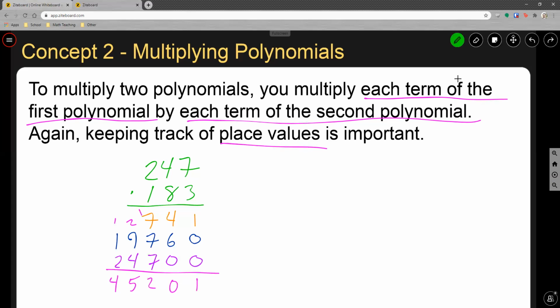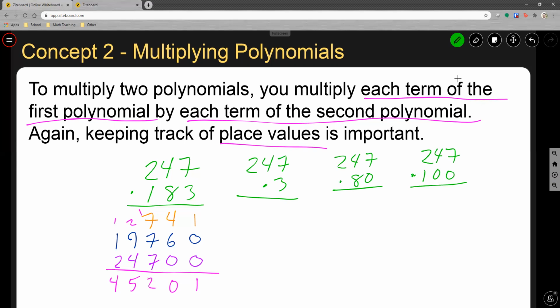What I'm effectively doing is I'm taking 247 times 3, 247 times 80, that's the 8, and 247 times 100. I'm doing 3 separate multiplication problems, and that's where these zeros come from.